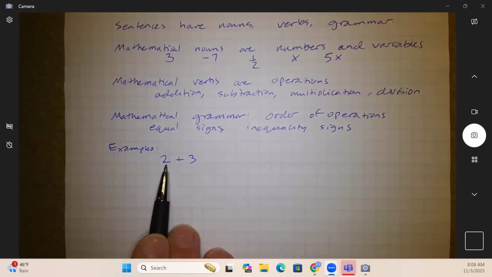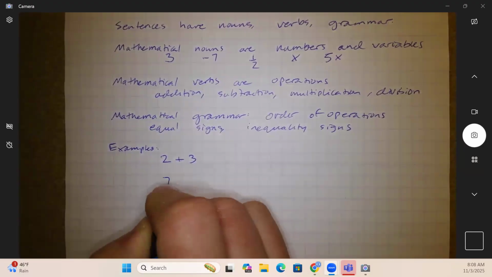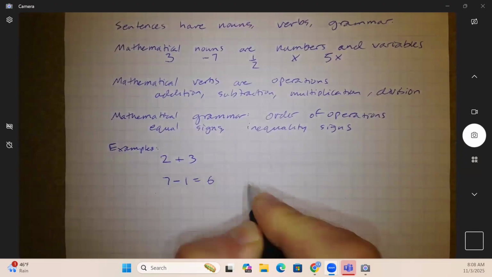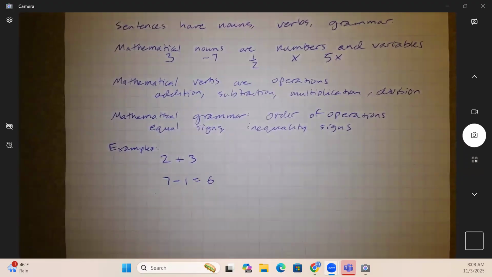And the grammar says, if 2 plus 3, you combine them generally. I don't have to say what that equals. That is, in fact, a mathematical expression. I could write it with an equal sign. That's also a mathematical expression.